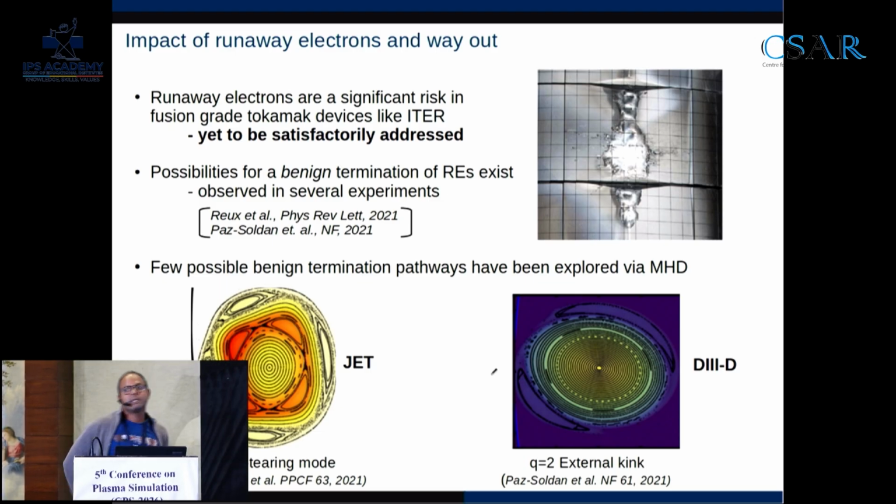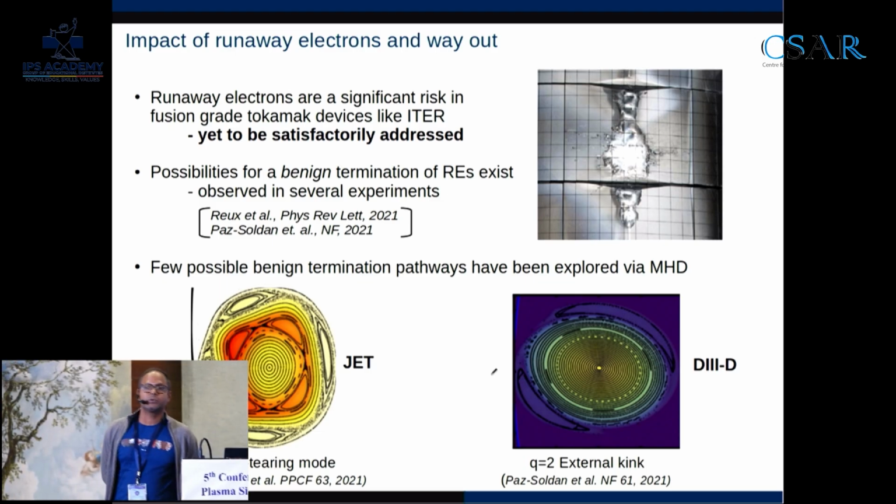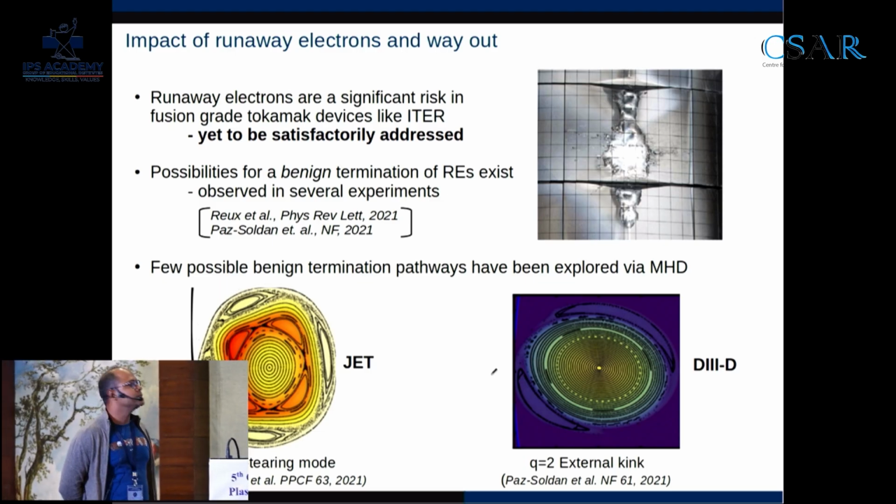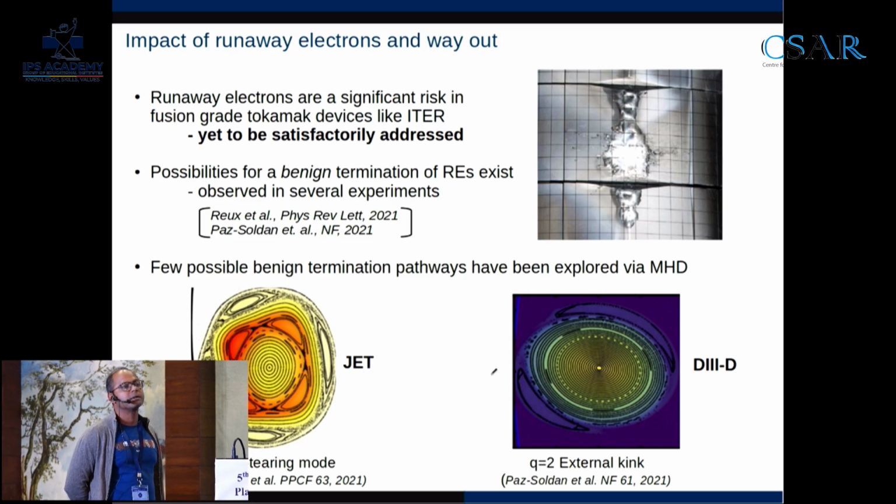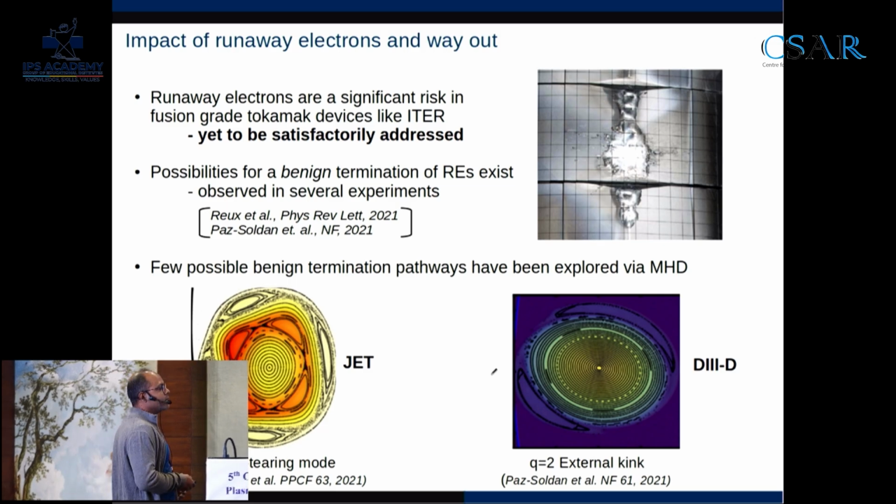Also in terms of simulations, it has been shown in a few works with respect to the JET tokamak and the DIII-D tokamak that benign terminations can be initiated due to MHD instabilities of the runaway electron beam.